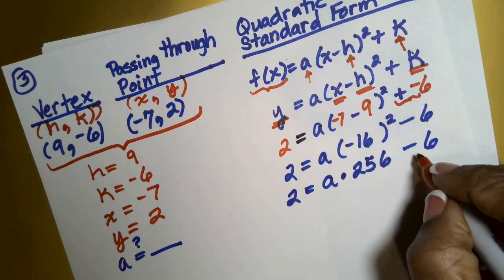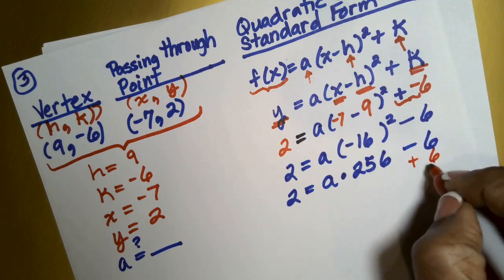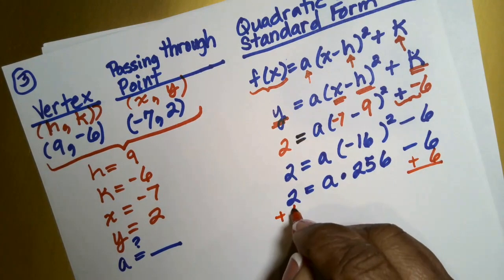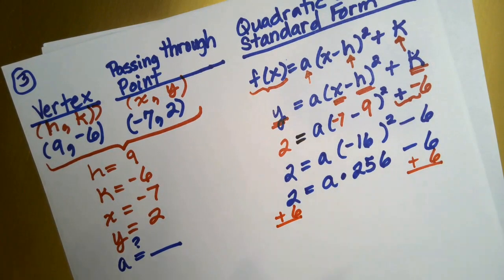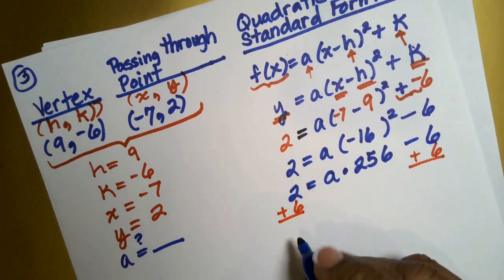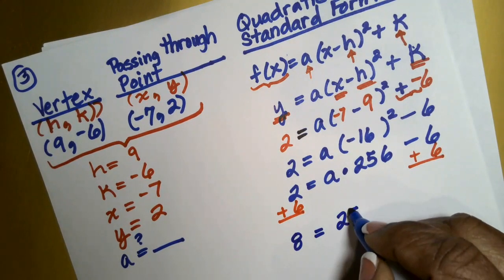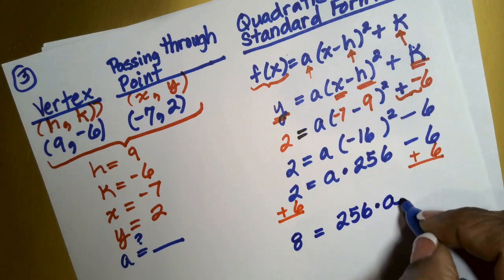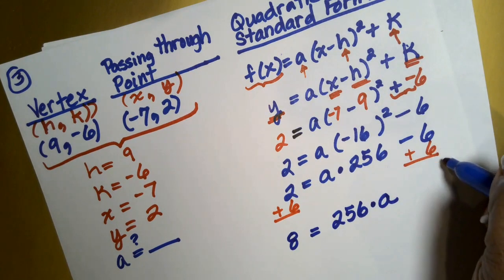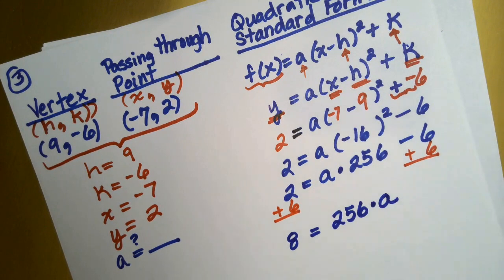The opposite of subtract 6 is plus 6. We will add 6 to both sides to maintain the balance of this equation. This becomes 8 equals 256 times a, and 6 take away 6 is 0, so that term is gone.